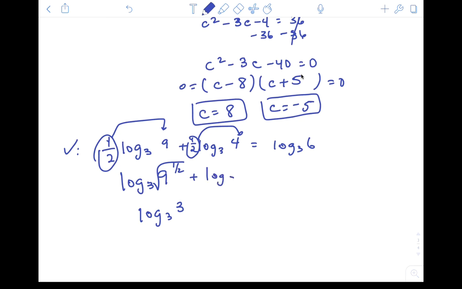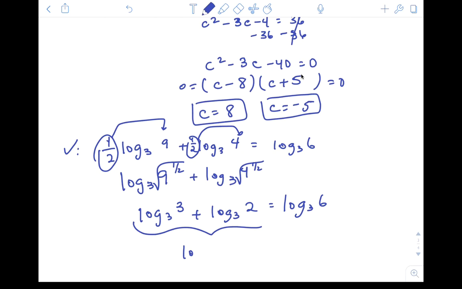So we've got log base 3 of 4 to the 1/2, which is really the square root of 4. The square root of 4 is 2. And then we have log base 3 of 6. Check it out. When you condense them back to one logarithm, you have to multiply, and 3 times 2 is 6. So the 8 totally worked just fine.